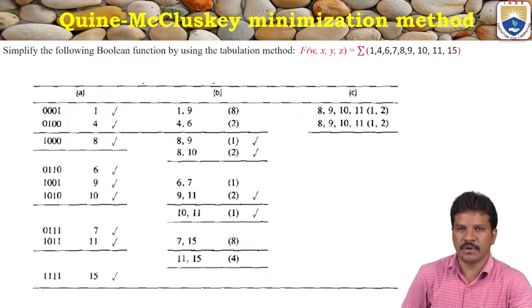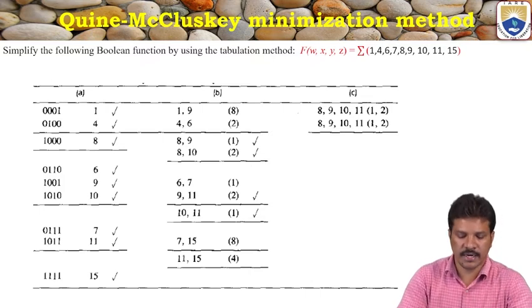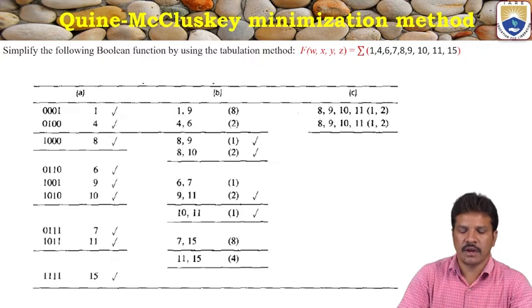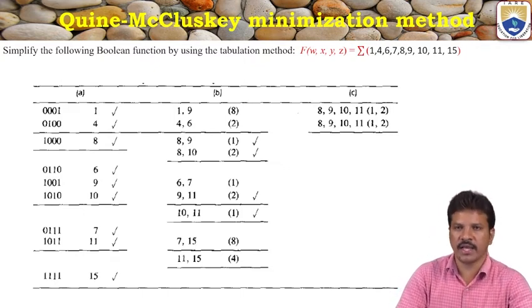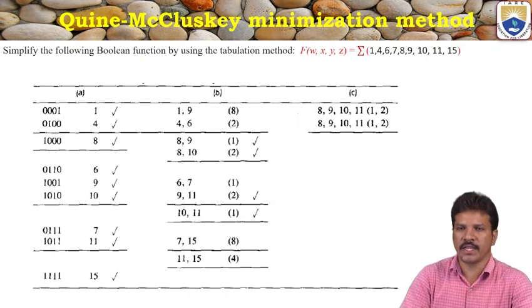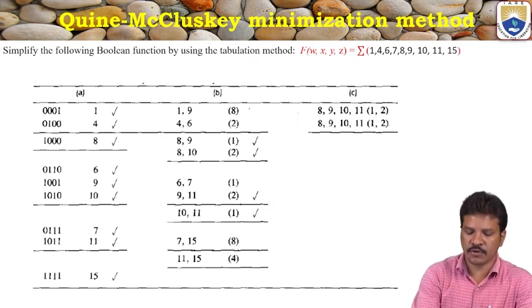In this example, we can consider the decimal number representation of all the groups, and we need not check in that way, but we can check what are the unmarked groups to get the prime implicants. The unmarked groups in the prime implicants are this one, and this one, 3 or 4, 5.